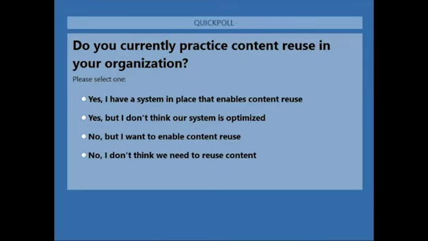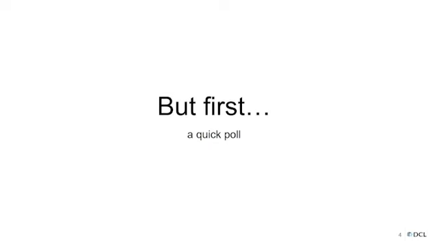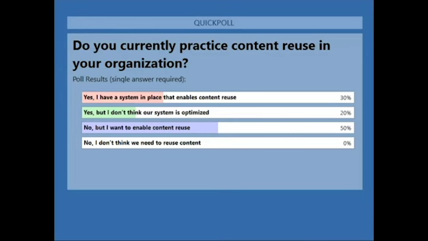Okay, I'm going to shut the poll now, and we'll look at the responses together. 30% of you do have a system in place that allows for content reuse. 20% practice content reuse.